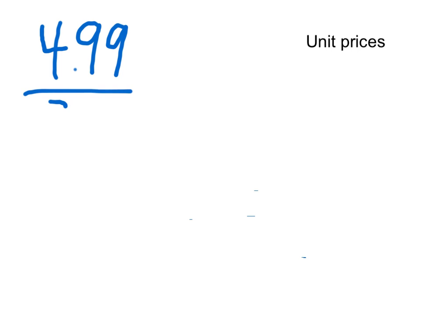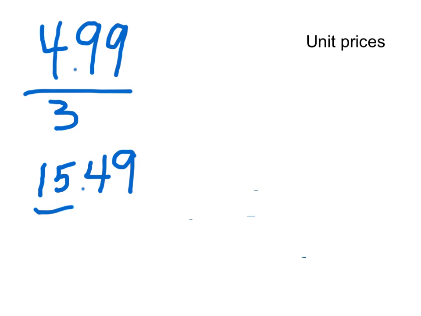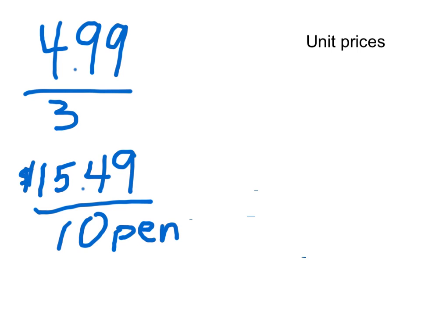So say I have, let's use the same problem, $4.99 per 3 pens, and I'm paying $15.49 for 10 pens. And I don't want to leave my dollar signs out. Okay, always money goes in the top. Always the money goes in the top.